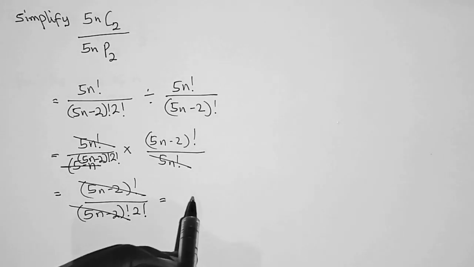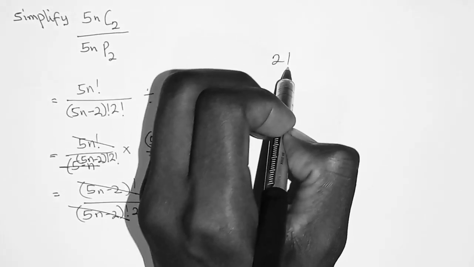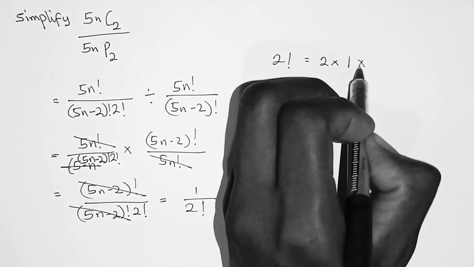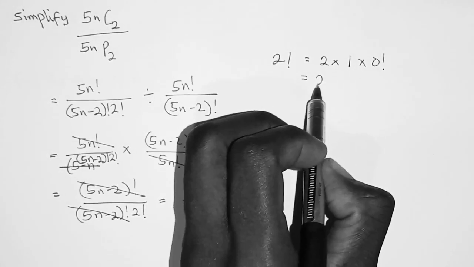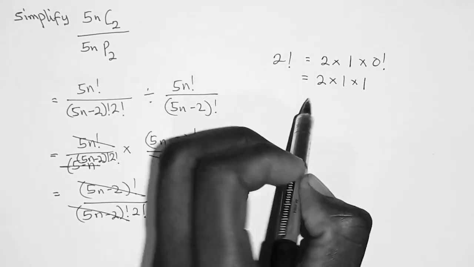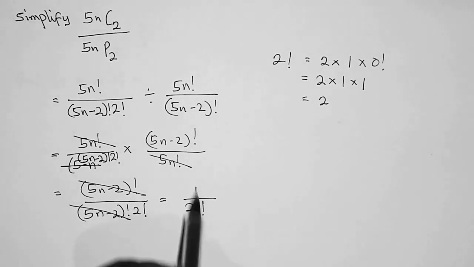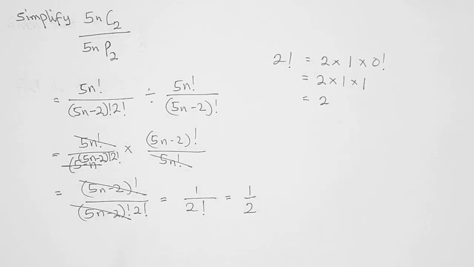So we are left with 1 divided by 2 factorial. And 2 factorial is the same as 2 times 1 times 0 factorial. Now 0 factorial is 1, so it becomes 2 times 1 times 1, and this is equal to 2. So therefore, 1 over 2 factorial is equal to 1 over 2.